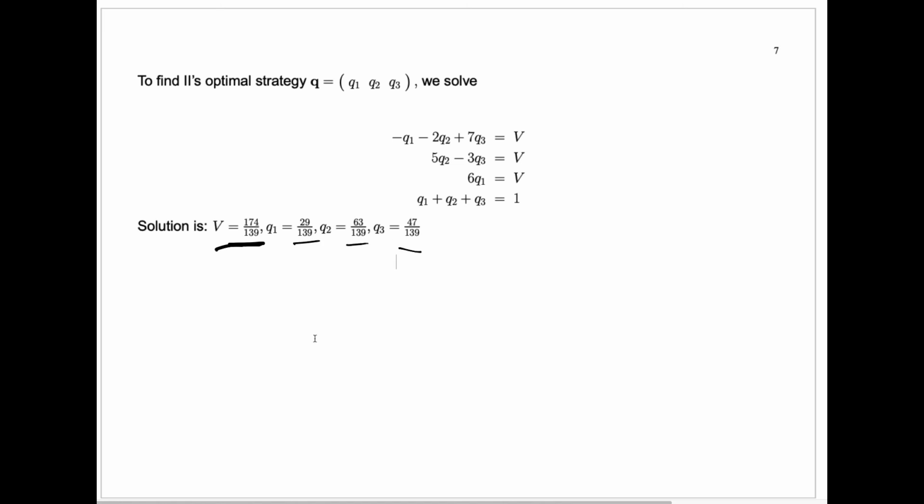What do we conclude? Well, this really was an all strategies active game, because if player 1 plays the probability vector P that we saw in the previous slide, and player 2 plays this probability vector Q, they each get an expected return of V no matter what the other player does.